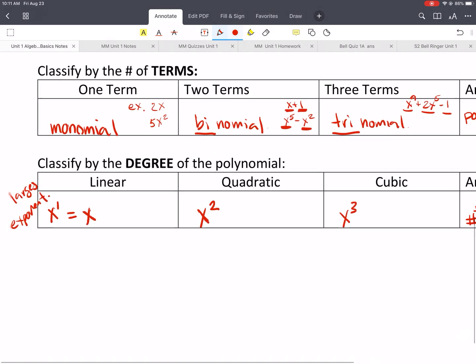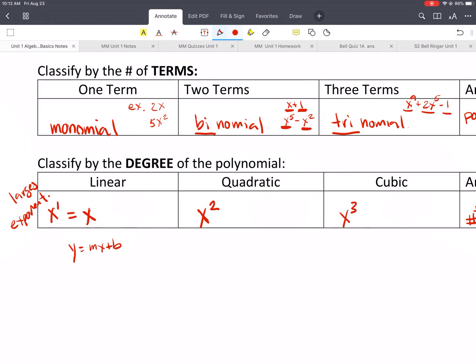We also classify by degree. Last year in Secondary 1, you learned about equations like y equals mx plus b. That is a linear equation. When you graph it, it makes a single line. So if the highest exponent is 1, obviously we never show that we have x to the 1, but that's really what it is.